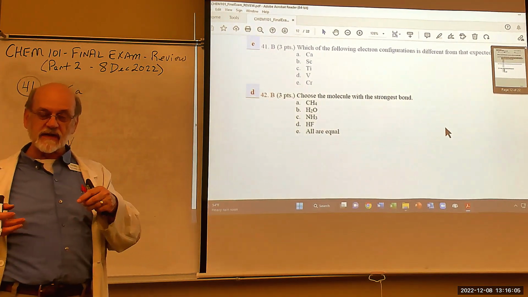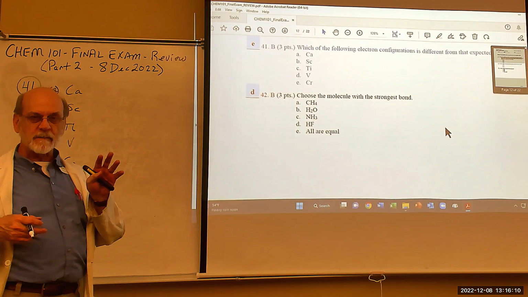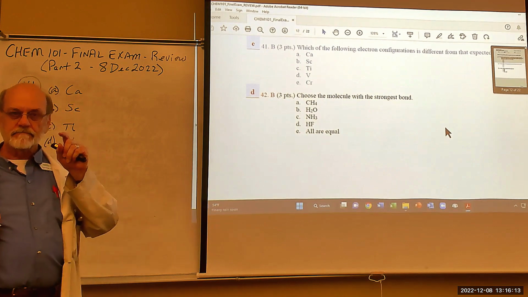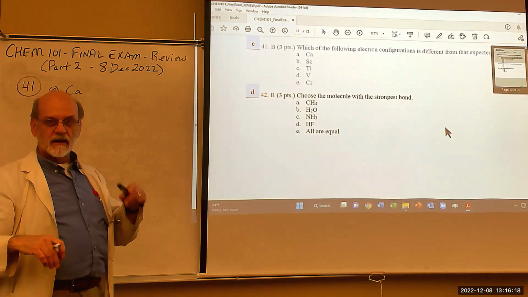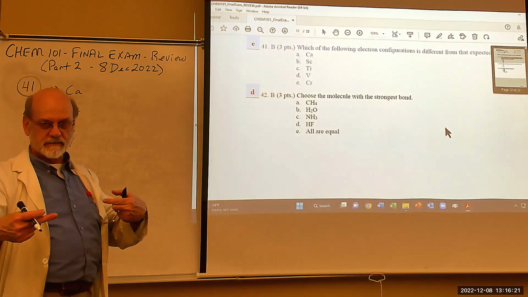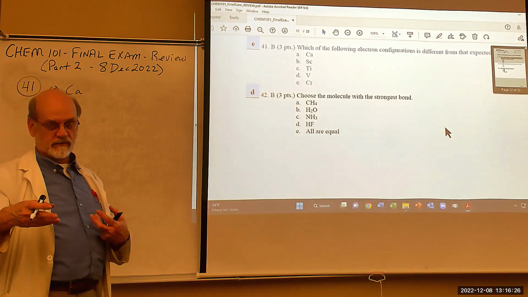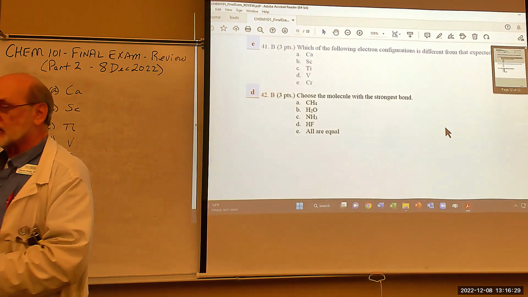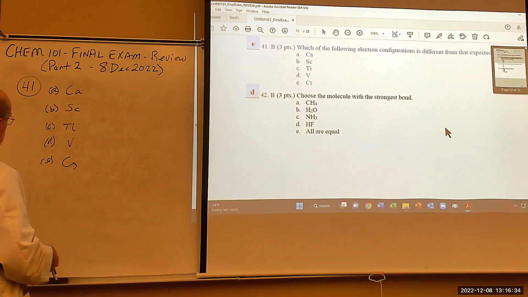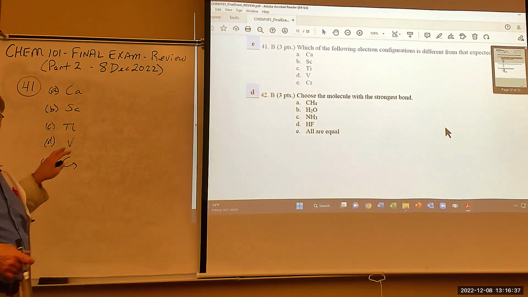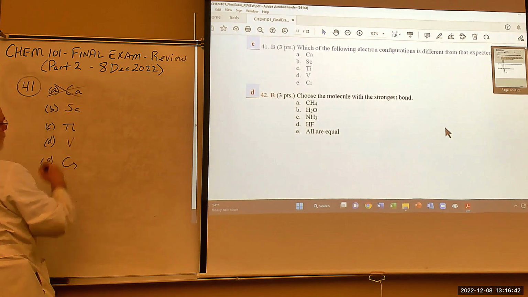We see discrepancies in two places. In the middle of the transition period, as you move across. The middle and the end of the transitions. And we also see discrepancies in the middle of the P groups, right, between nitrogen and oxygen, or phosphorus and sulfur. Right, but we don't have any of those in here. So we're looking at transition elements. All right, so that means calcium is not a problem.